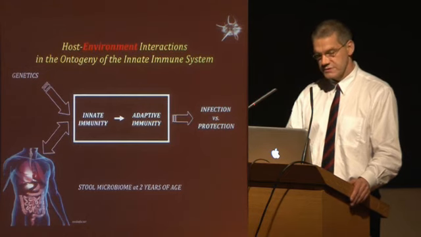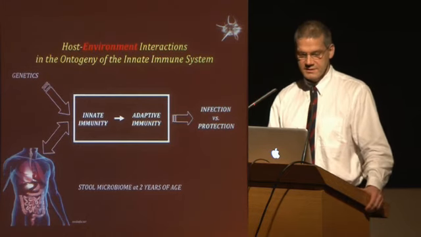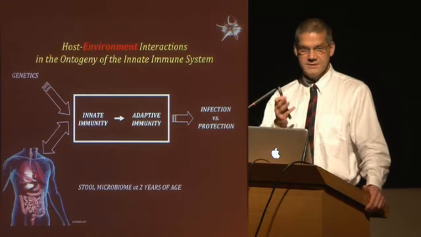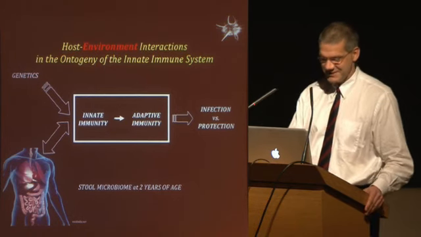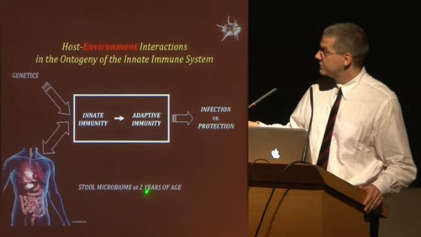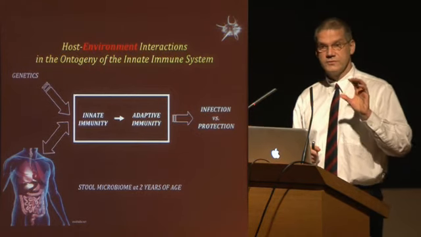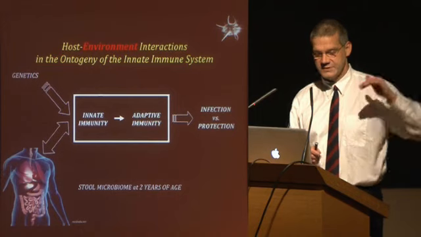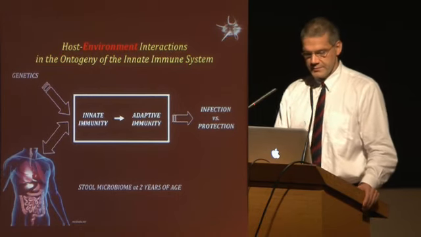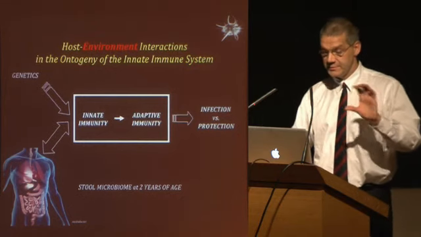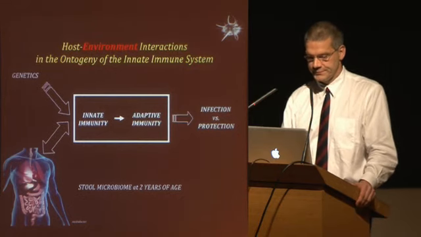The way we did this with the stool microbiome, just a few words on the technicalities, and if I say anything wrong, please ask Bill Moen to give you the correct answer, because I will fail. So we looked at the stool, and I'm only going to show you the stool for the 2-year age sample, because I told you before the fluctuations are tremendous, although they are interesting, and focus only on the 2-year stable, presumably, microbiome.